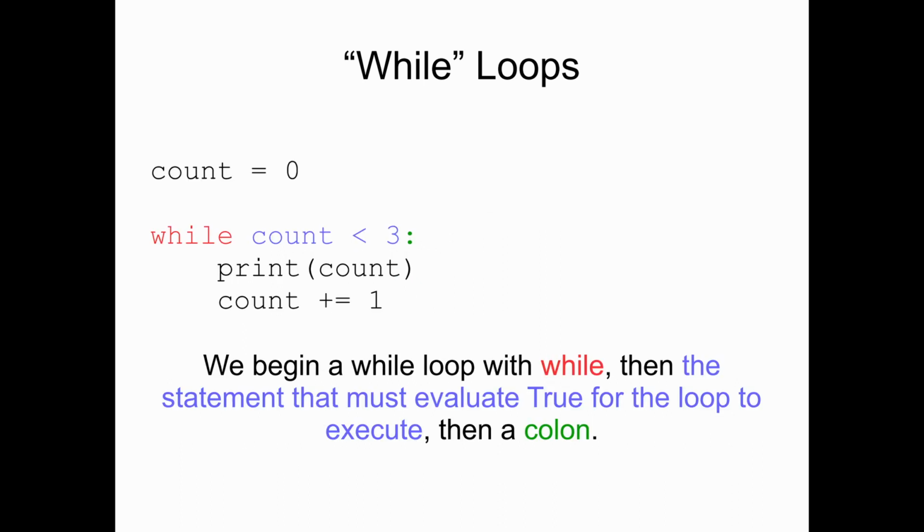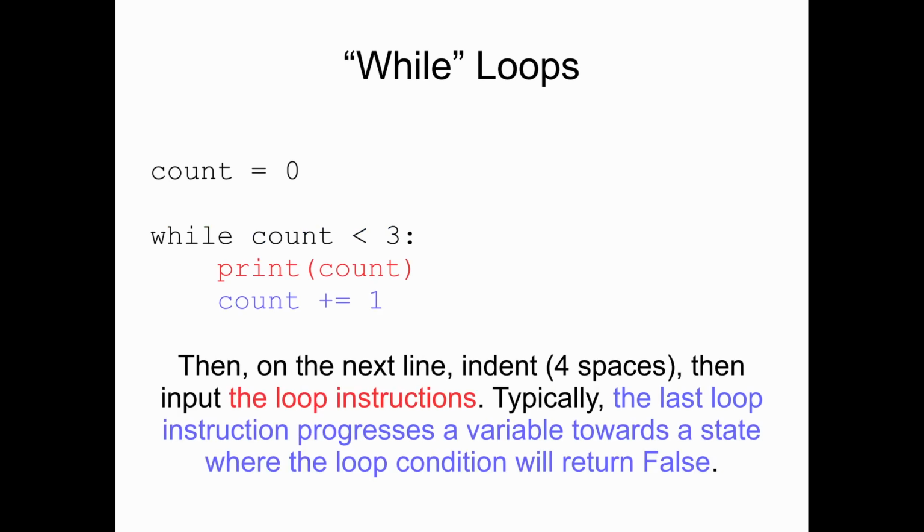We begin a while loop with while, then the statement that must evaluate true for the loop to execute, then a colon. Then, on the next line, indent, then input the loop instructions. Typically, the last loop instruction progresses a variable towards a state where the loop condition will return false.